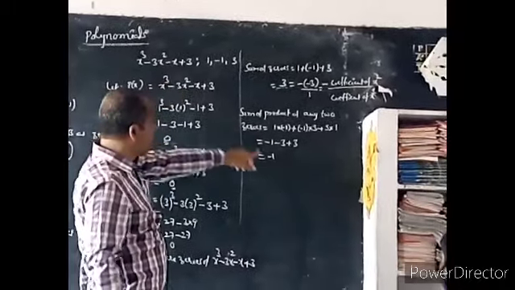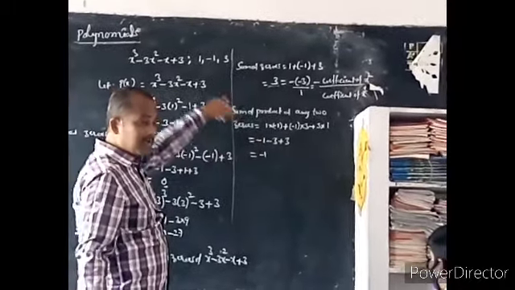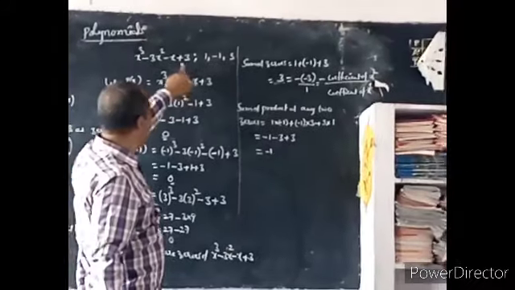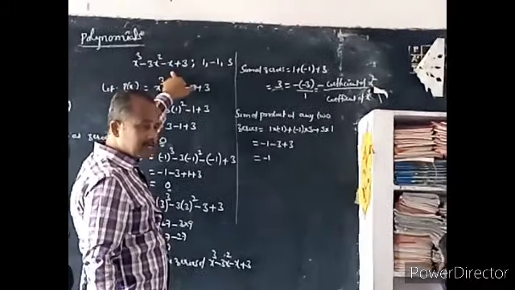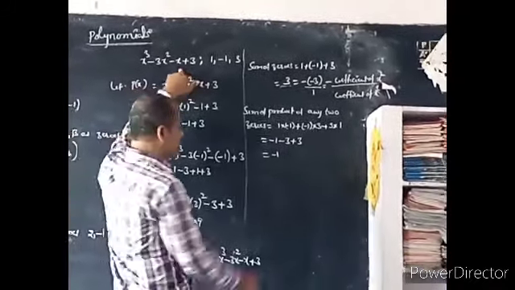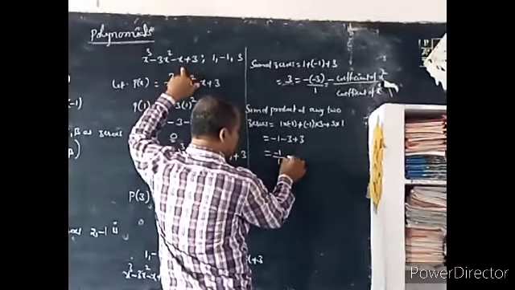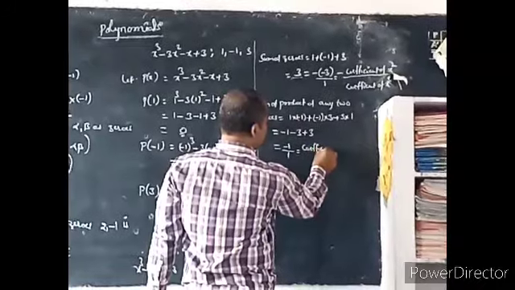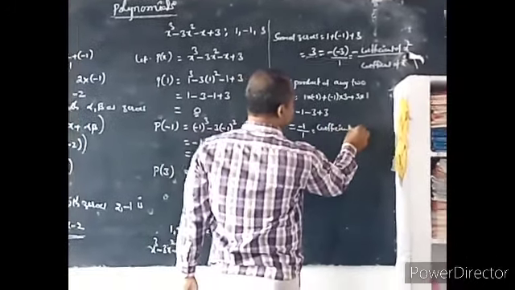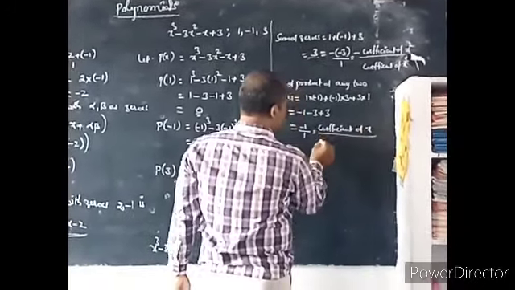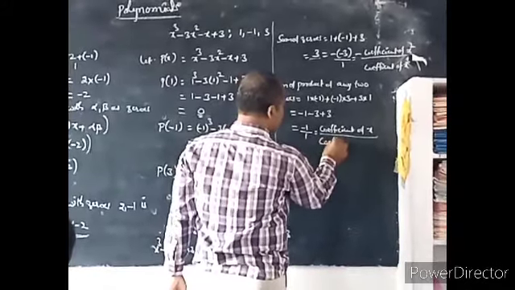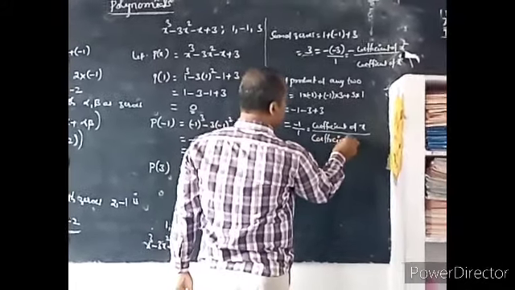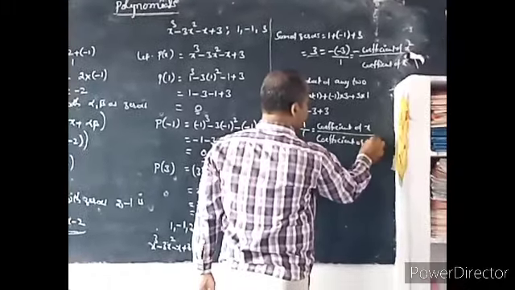Your coefficient of x or not? Minus 1. Before x, no number means 1 is there. No number in the denominator means by 1. That is nothing but coefficient of x by coefficient of x cube.